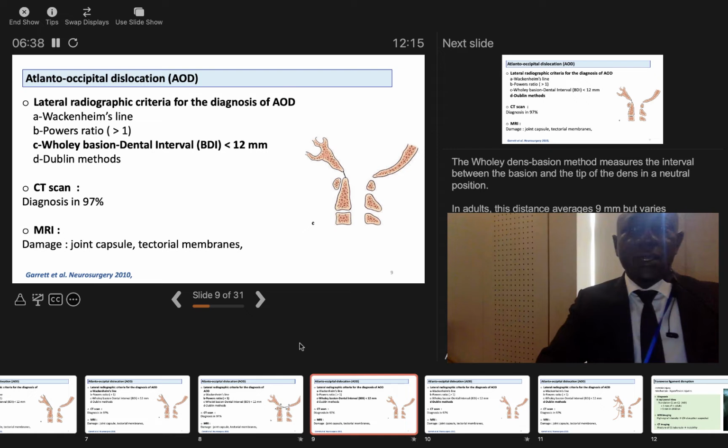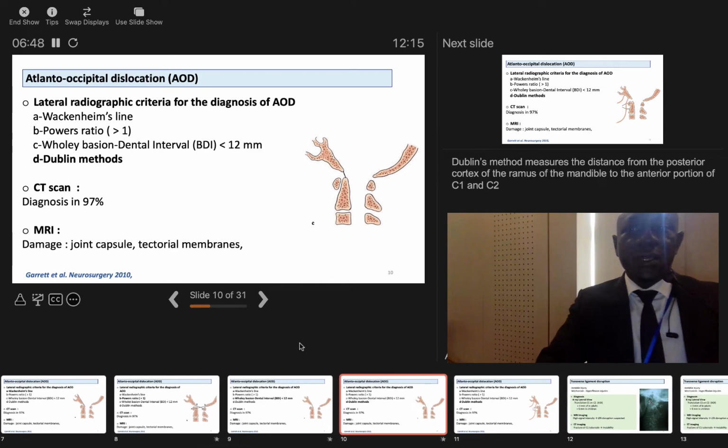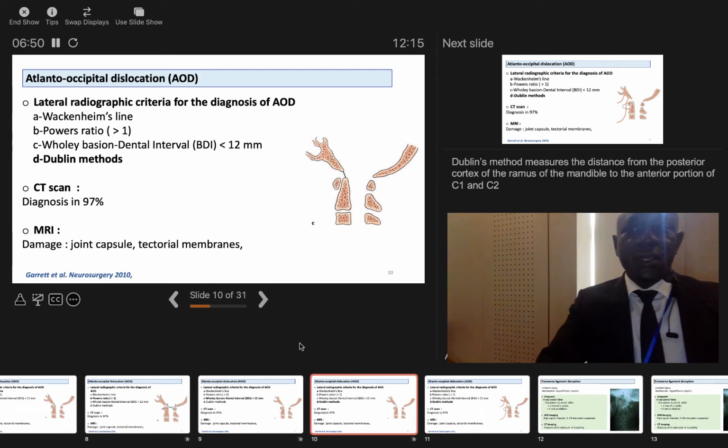A distance of more than 15 mm in adults or 12 mm in children is abnormal. The last one is the Dublin method, which measures the distance from the posterior cortex of the ramus of the mandible to the anterior portion of C1 and C2.